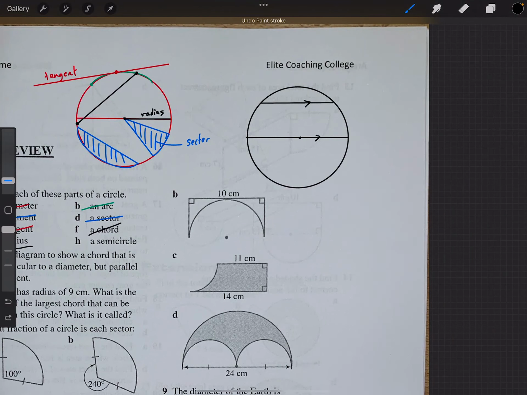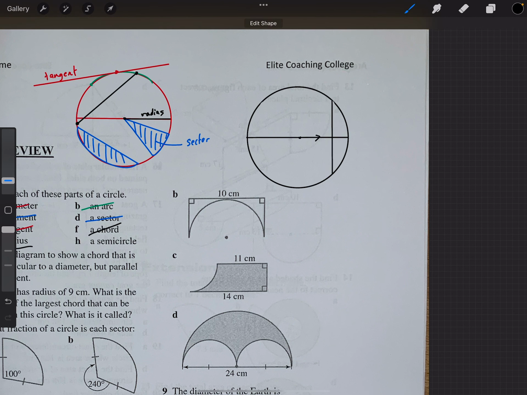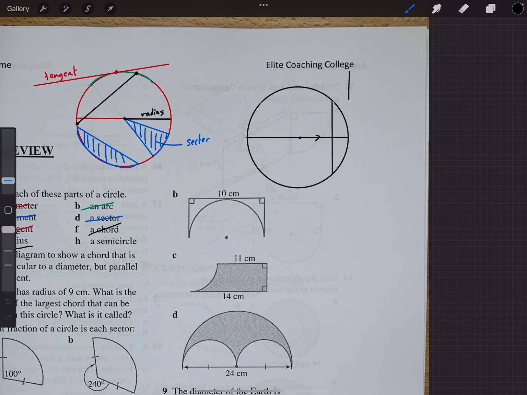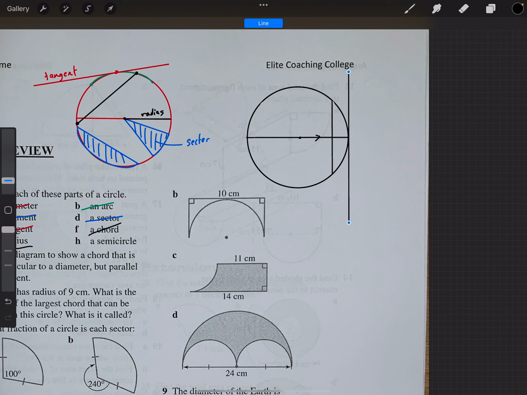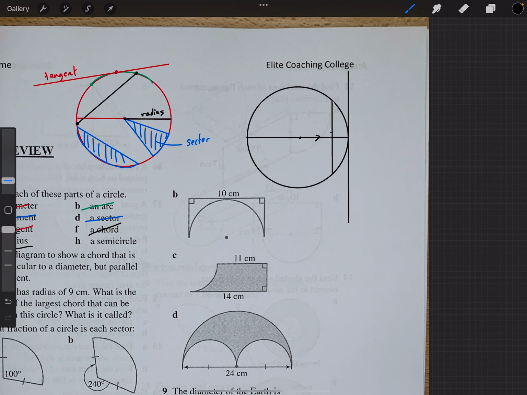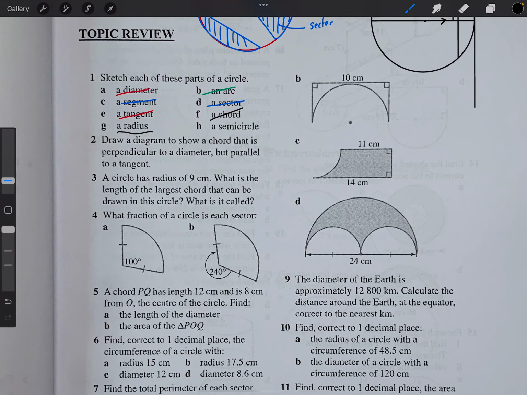Okay. So that means I drew the chord wrong. The chord has to be parallel to the tangent, perpendicular to diameter. So imagine this is a tangent. There you go. So it's perpendicular to the diameter but parallel to the tangent. There's your answer there.